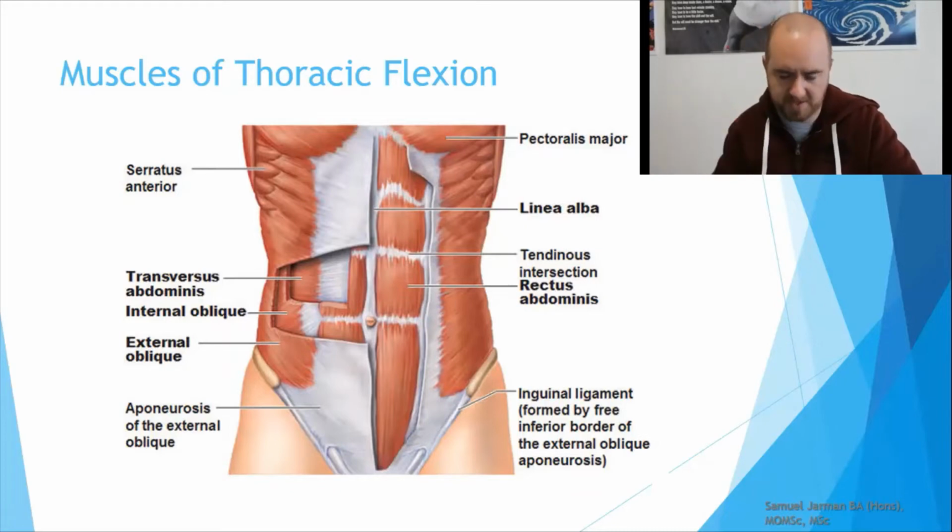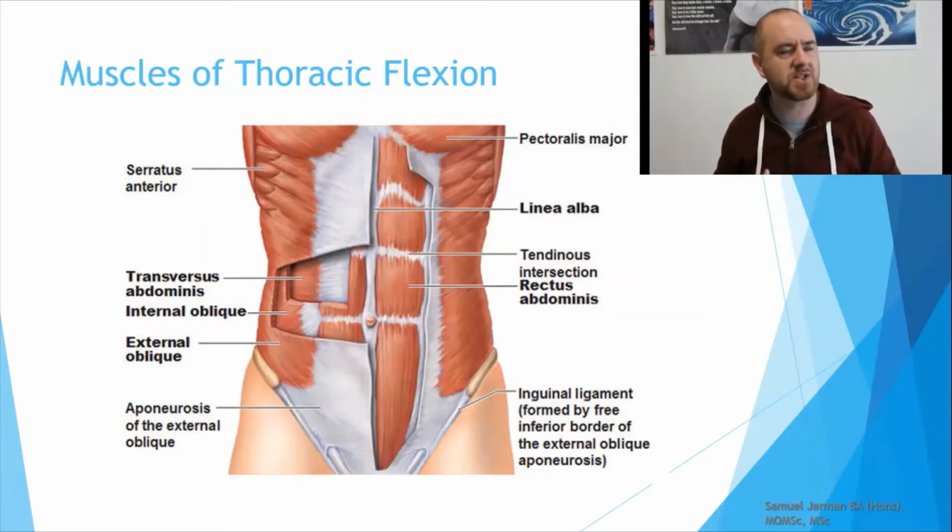We'll go over that in just a second, but you have the rectus abdominis, which will basically attach from lower ribs, common costal cartilage, and through the linea alba, so the central tendon of the abdominal musculature, down to the pubic symphysis, more or less, or the pubic arch, that will flex.